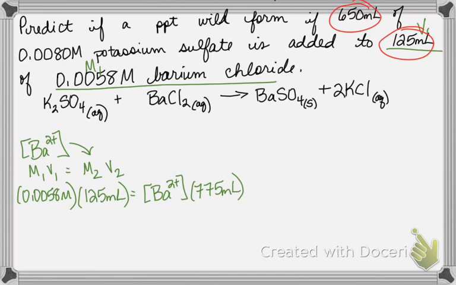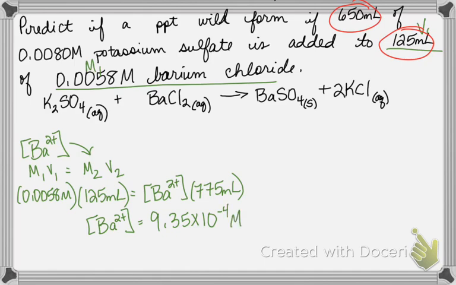Because I want to know, when these are mixed, what's the concentration of barium. And so I get, for concentration of barium, 9.35 times 10 to the minus 4 molar.